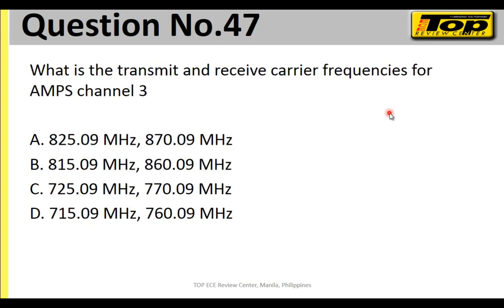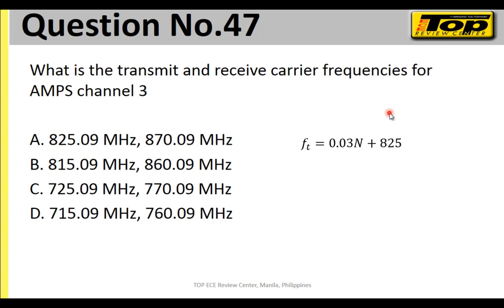Next question, number 47. What is the transmit and receive carrier frequencies for amps channel 3? Okay, for the advanced mobile phone system, and it uses channel 3. Now to solve this, we use the equation 0.03n plus 825. Now there's a condition.